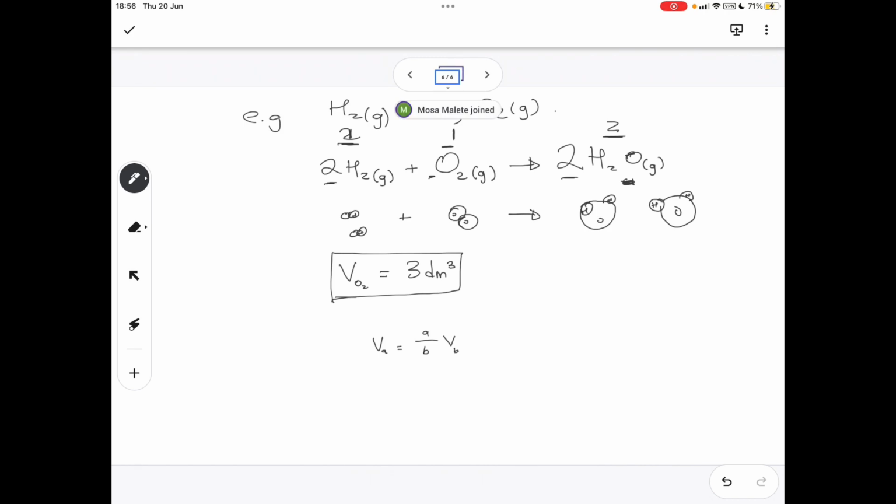So the ratio of water to oxygen is 2:1, and the volume of the oxygen is 3 dm cubed. So if we substitute like that, then we simply get 6 dm cubed as the volume of H2O.